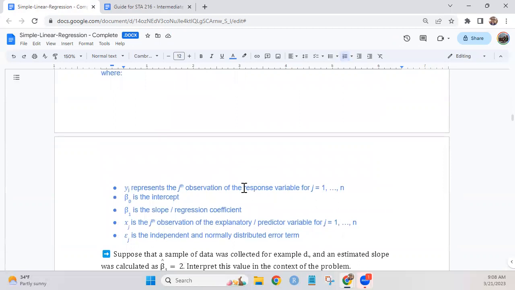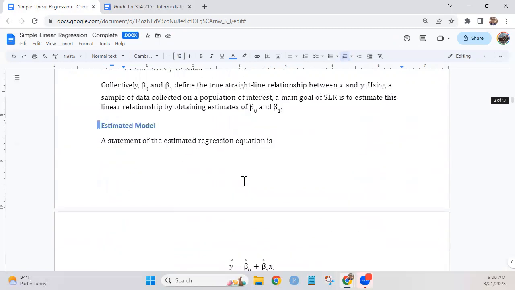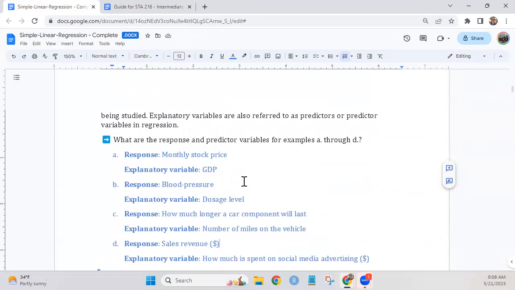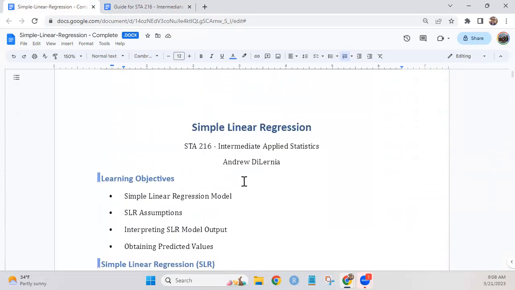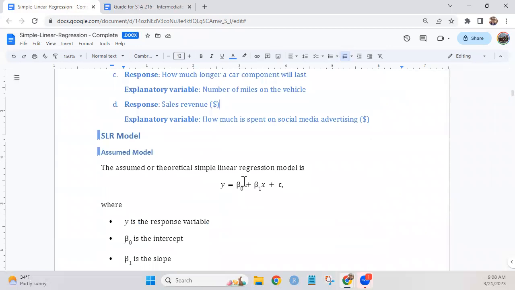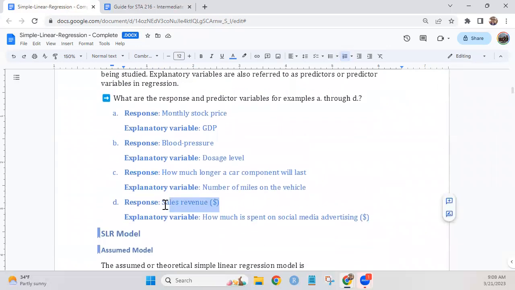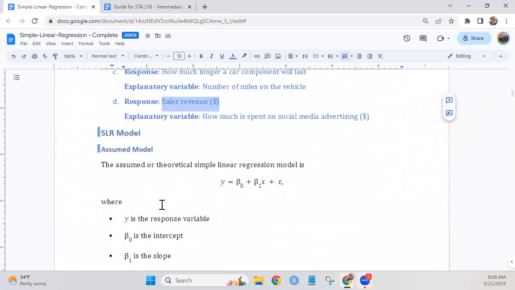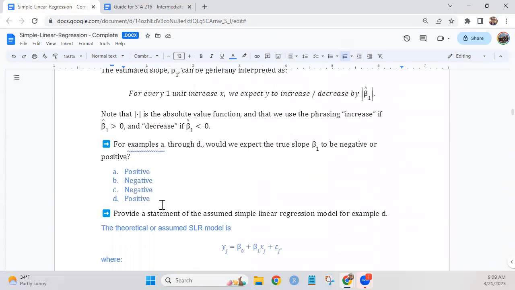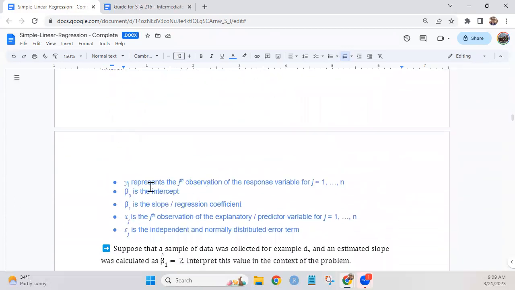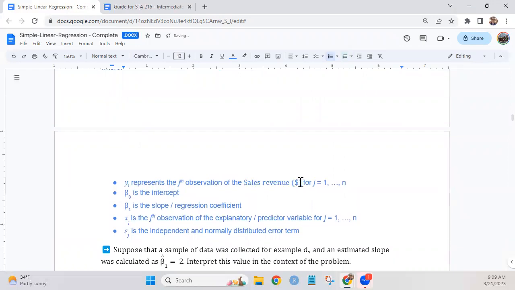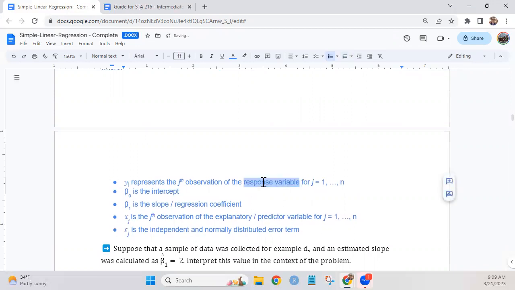Well, we said it was the sales revenue. Keep scrolling past it. So we say y_j represents the jth observation of the sales revenue.